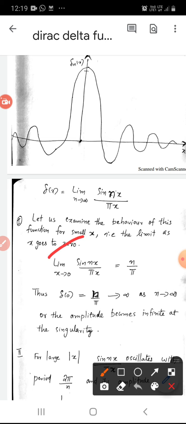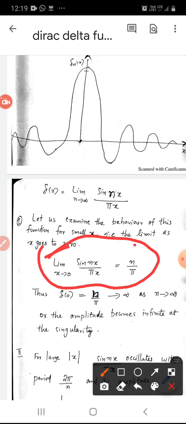So we examine the limit as x tends to 0 of sin nx by pi x, which is equal to n by pi. Applying L'Hospital's rule, on the numerator you get n cos nx and in the denominator you get pi, and when you put x equal to 0 you get n by pi.